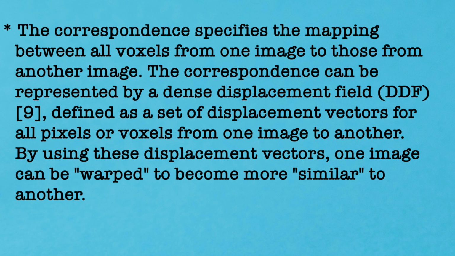The correspondence can be represented by a dense displacement field, that is DDF, defined as a set of displacement vectors for all pixels or voxels from one image to another. By using this displacement vector, one image can be warped to become more similar to the other.